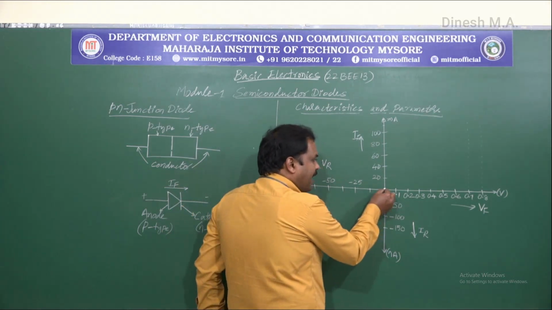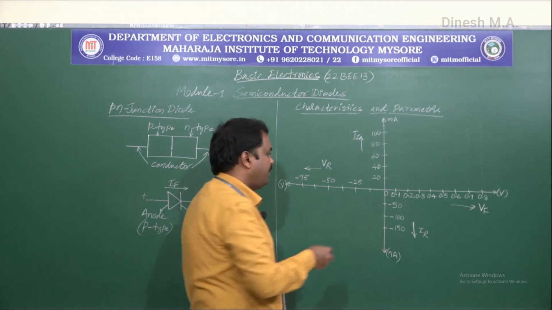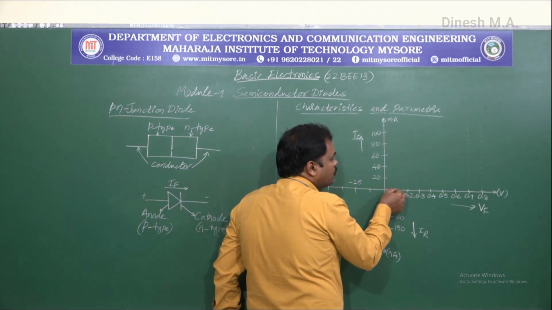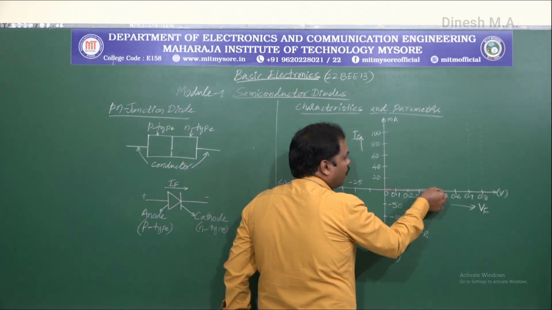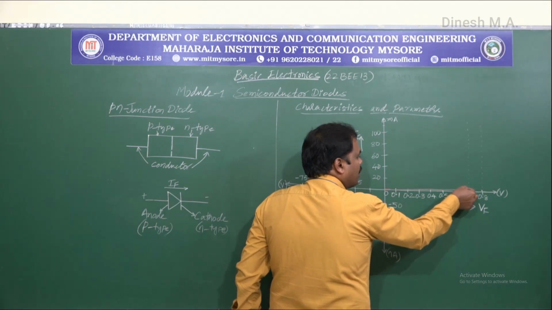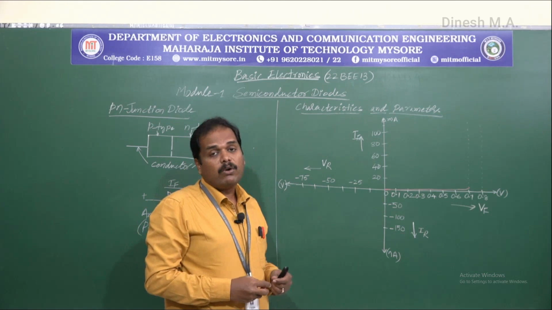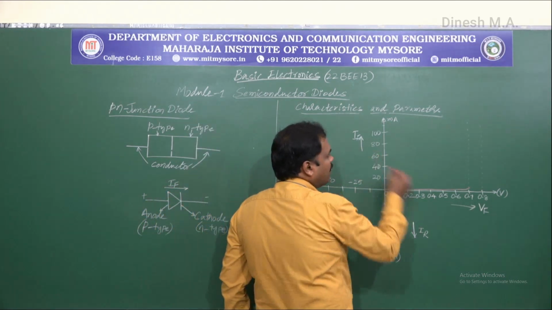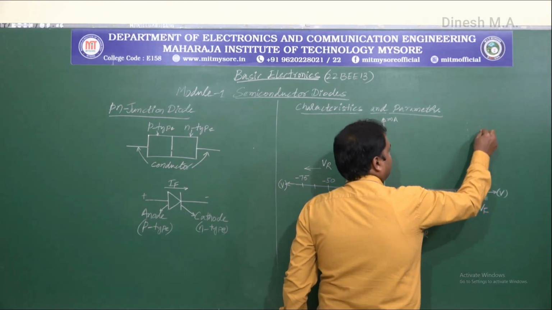As we keep increasing the forward voltage across the diode, the current remains almost zero, typically less than 100 microamperes, till the forward voltage crosses 0.7 volts. As soon as the forward voltage of the diode crosses 0.7 volts, the forward current IF increases almost linearly.